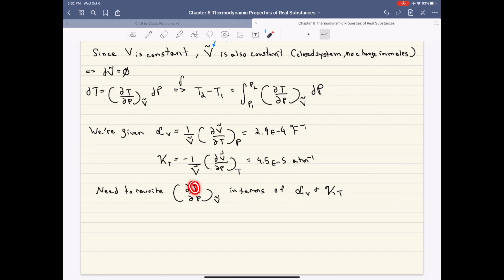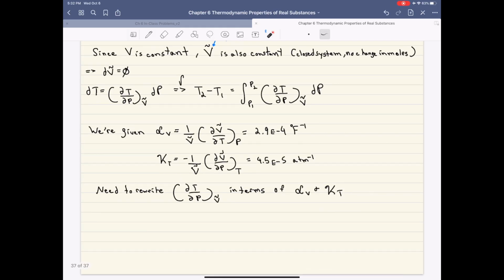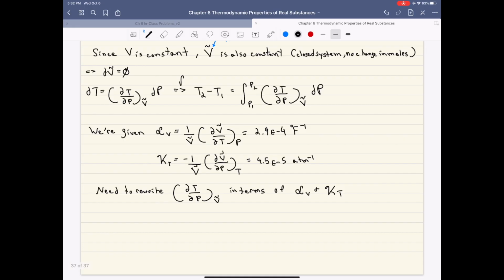So instead of having T on top, we want it either in the denominator or in that constant slot.